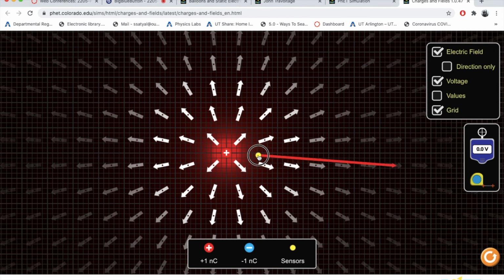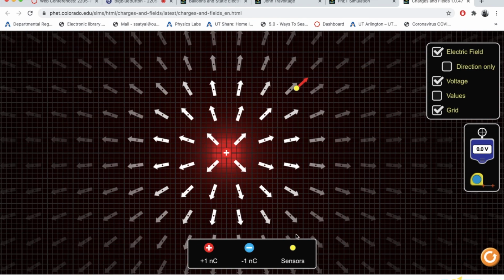And this sensor shows me the magnitude of the electric field. As I'm closer to the charge, that magnitude is maximum or highest. And as I go farther out, you see the magnitude of the electric field decreases, and it goes to zero at infinity, of course.